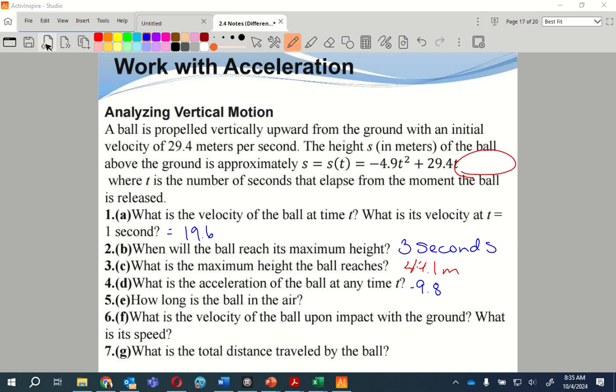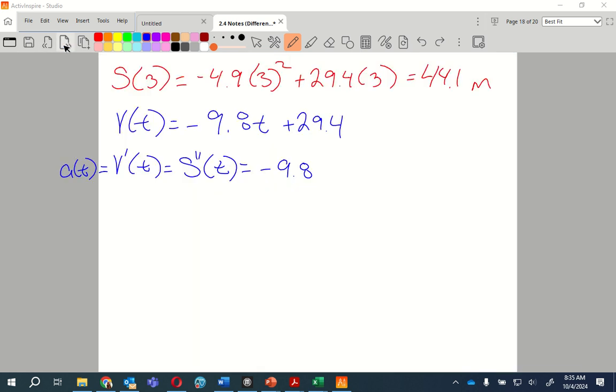So that means I'm going to go back to my original function, which is s of t is negative 4.9 t squared plus 29.4 t.